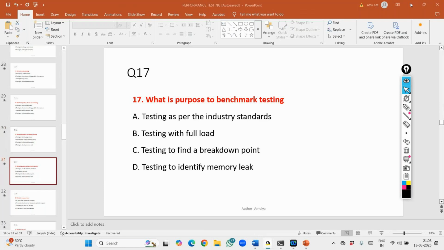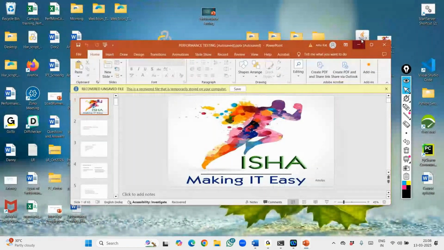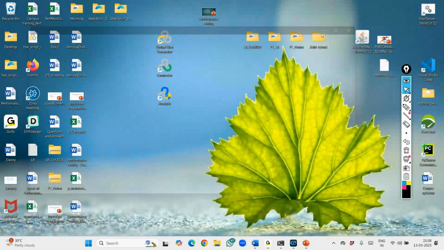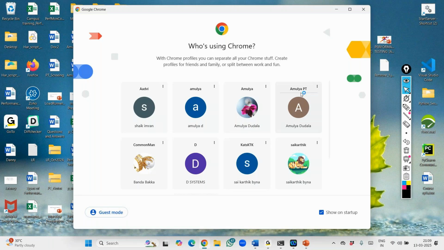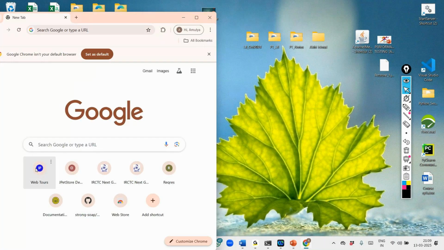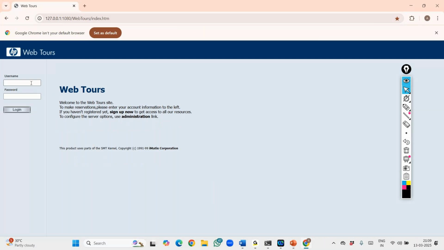Suppose let's consider you are working on this application, and here you need to go ahead with 100 user IDs. But you didn't receive anything from the SIT team, and your manager has asked us, this is our responsibility and we need to work on that.